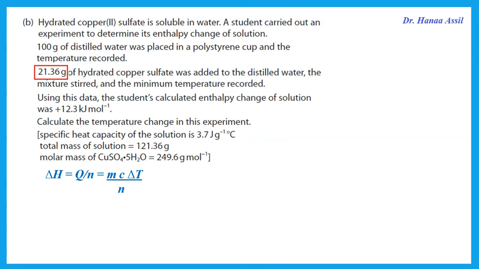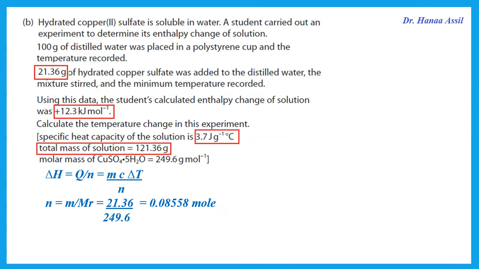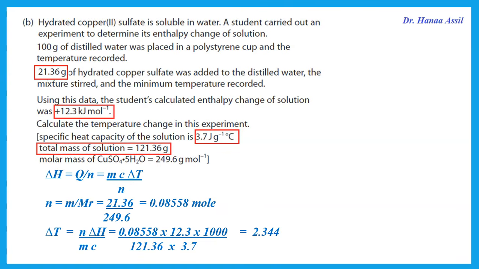We have 21.36 grams, so the number of moles is the mass over the molecular mass given. The mass of the solution is given, total mass of solution 121.36. The c is given as 3.7. The delta H is given as 12.3.